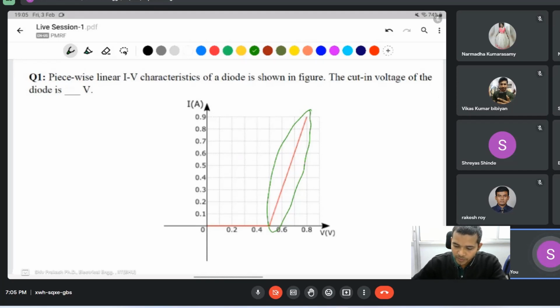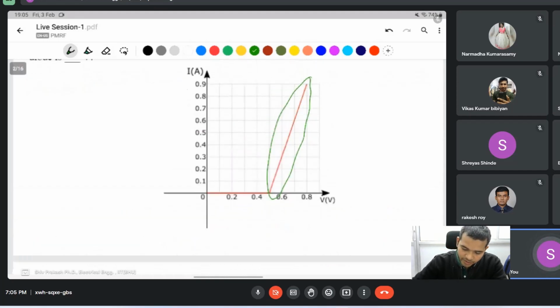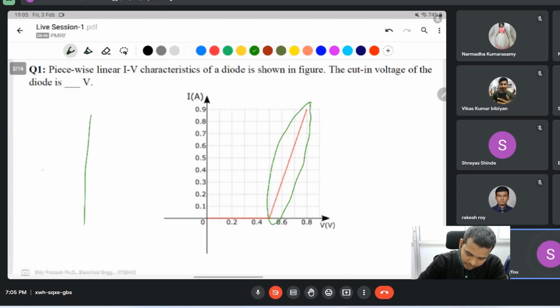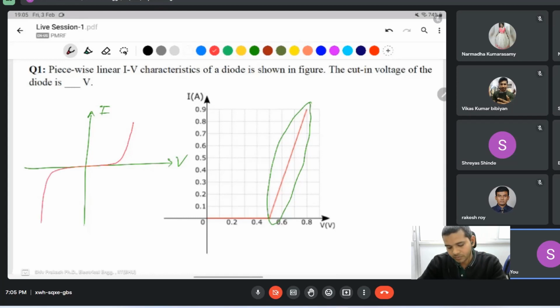You know about the diode I-V characteristic, with voltage on one axis and current on the other. This is a practical diode.